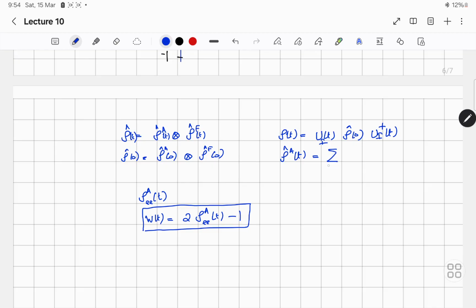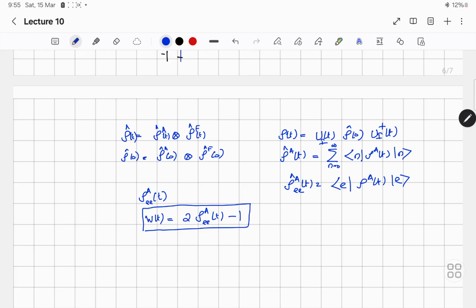It is nothing but the sum over n equal to 0 to infinity of <n|rho(t)|n>. And what is the first element of this reduced density operator? That is simply <e|rho_A(t)|e>.